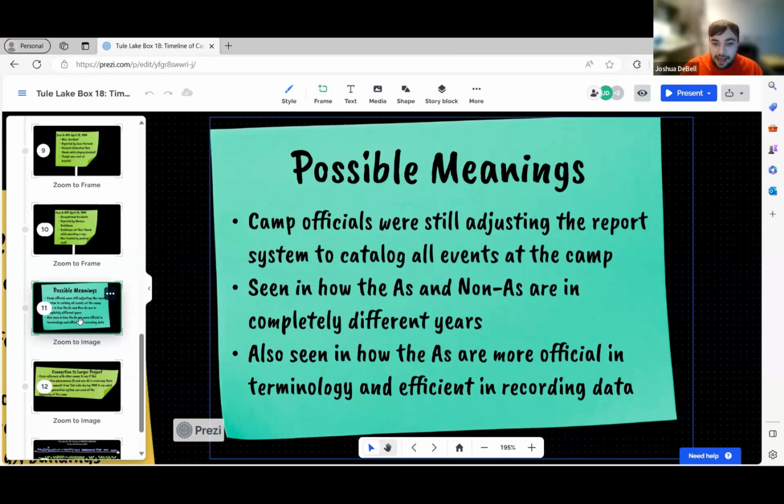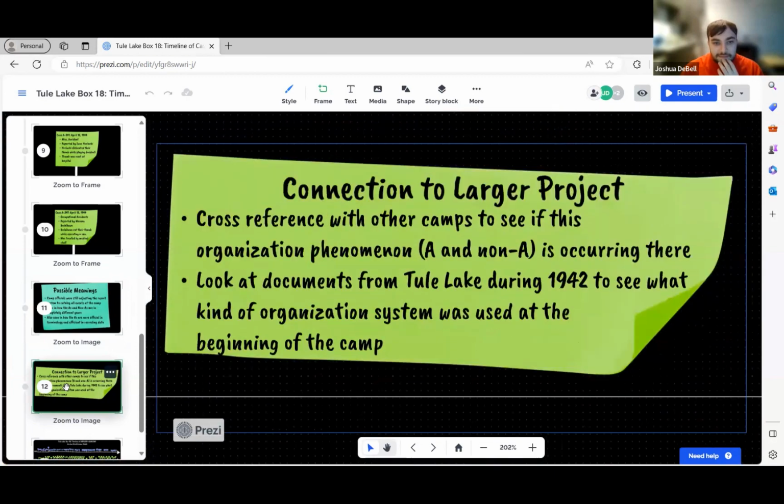And it's also seen in how the A's are more official in terminology and efficient in recording data, especially in terms of the placement of things and how detailed they are compared to the non-A's. So I feel this is important because, as Kirsten will point out, of how it connects to the larger project.